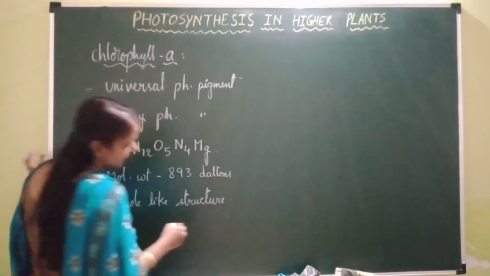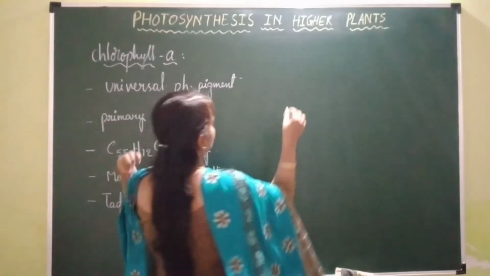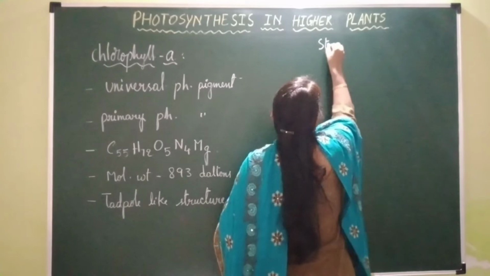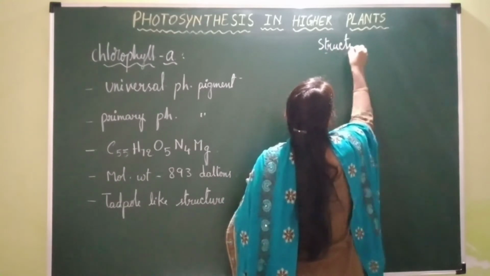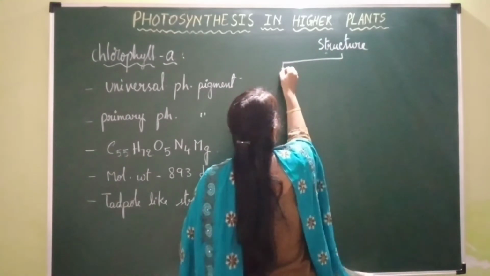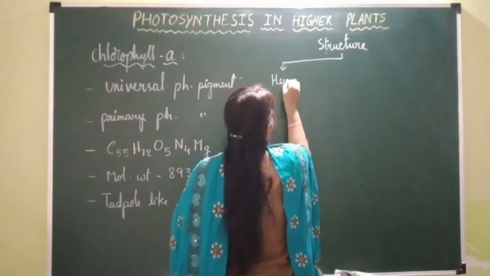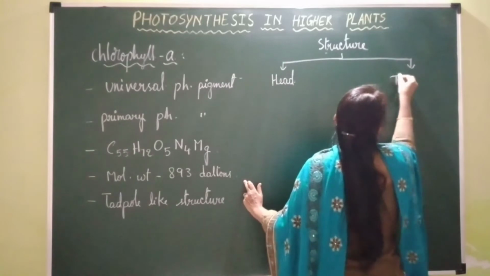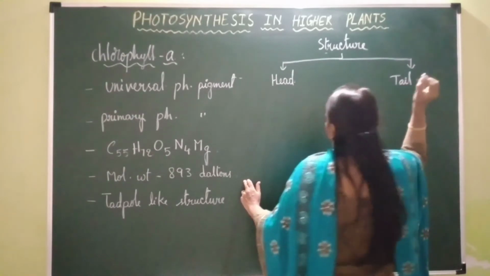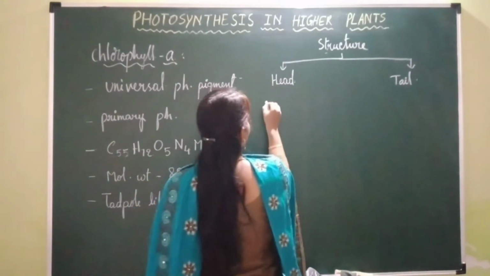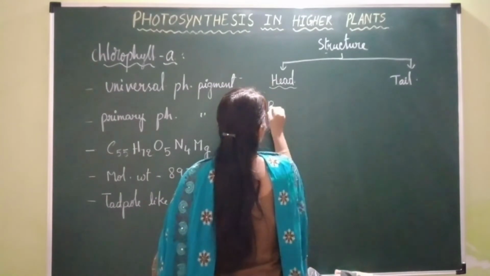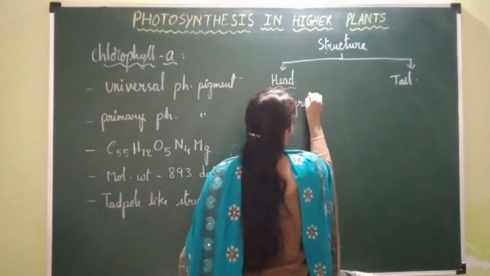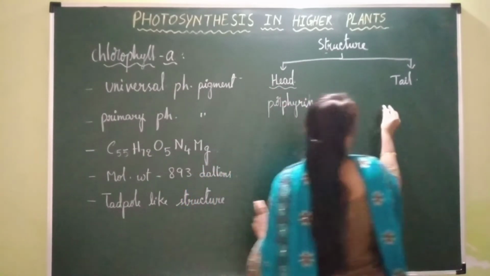The structure of chlorophyll A consists of two parts: head and tail. The head is called the porphyrin head, and the tail is called the phytol tail.